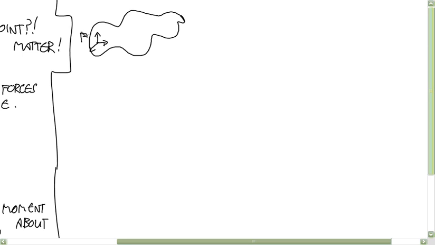I'll call it F. And you also have some force vector acting here. It has to be equal and opposite, so that's just going to be negative F, right? Each component is going to be negative. And let's take some about point. The about point has to be fixed in this body, but that doesn't mean it physically has to be on the body, right? So in general, it could be anywhere. You just have to imagine that as the rigid body moves, this about point moves with it.